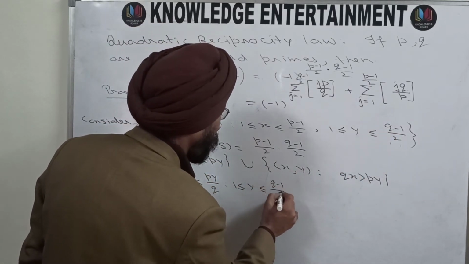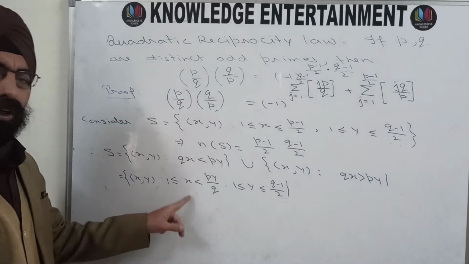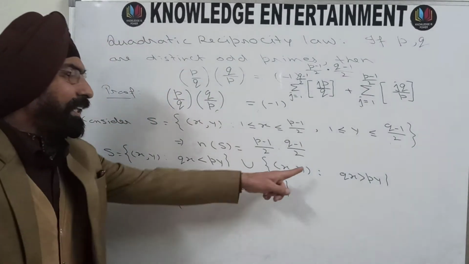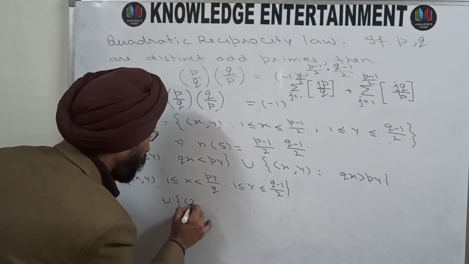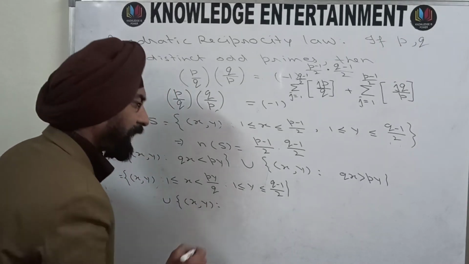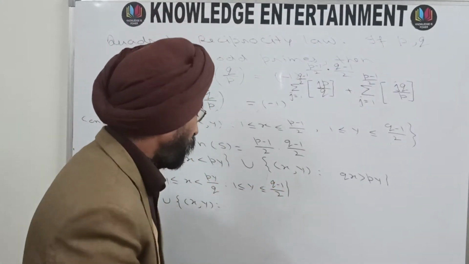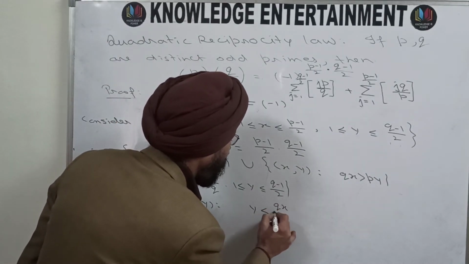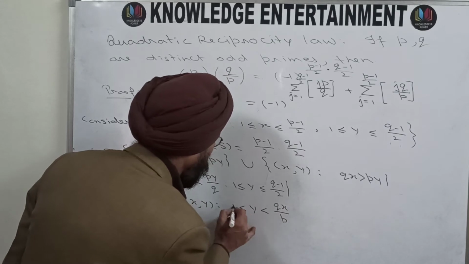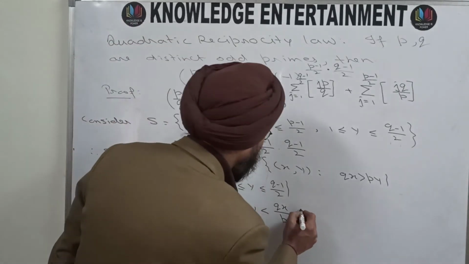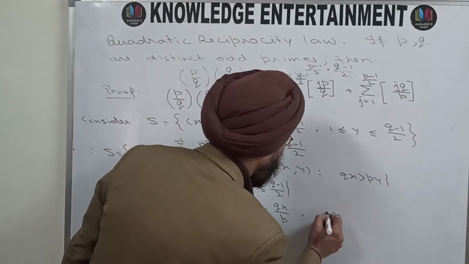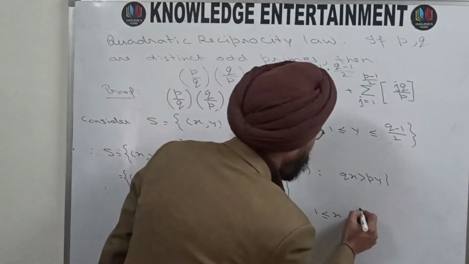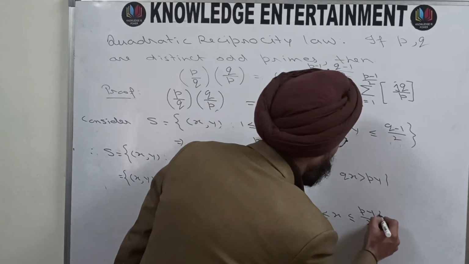There is no restriction on y; the restriction is only on x. Union the other set: the ordered pairs (x, y) such that y is less than qx by p, and definitely greater than or equal to 1, and there is no restriction on x. So x lies between 1 and (p-1)/2.